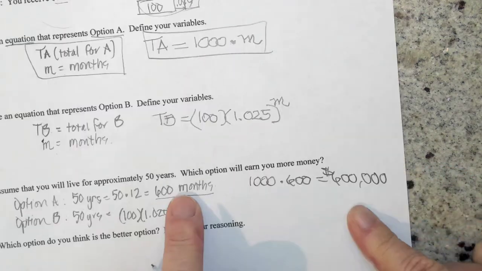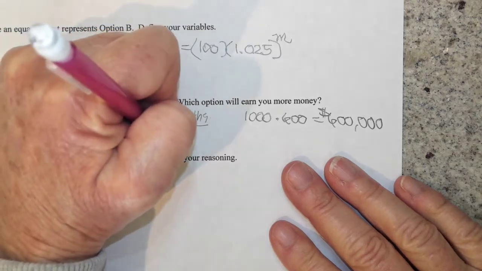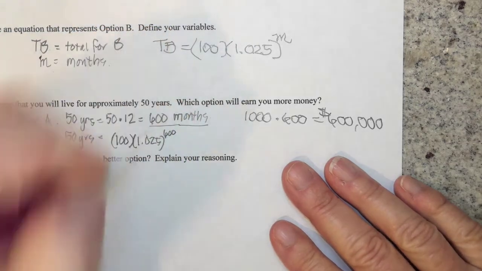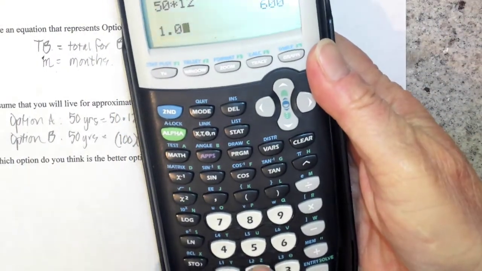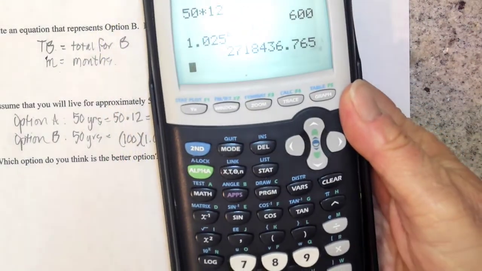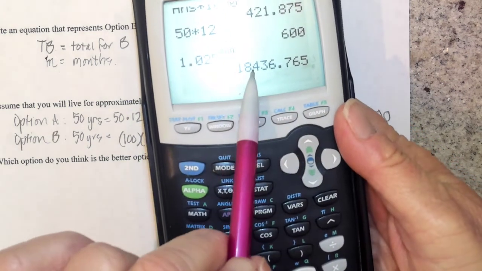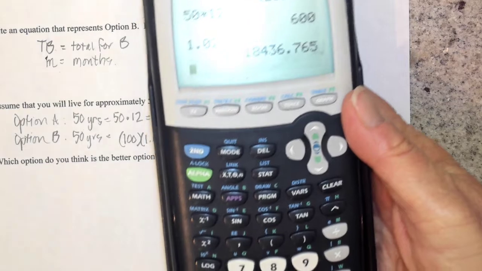We just calculated 600 months. So it's going to be 1.025 raised to the power of 600. Let's go ahead and do the math. Okay, here's my calculator. 1.025 raised to the power of 600 equals, wow, look at that. Now I've got to multiply that by 100.